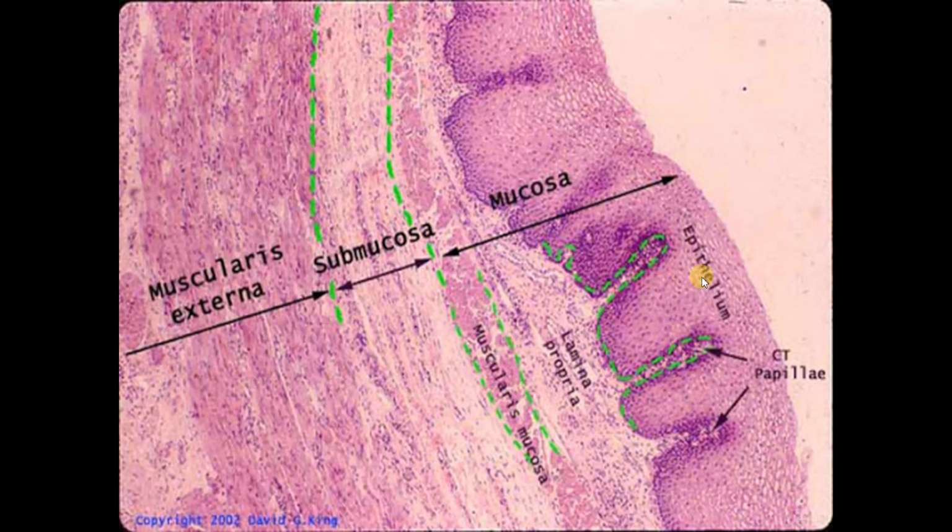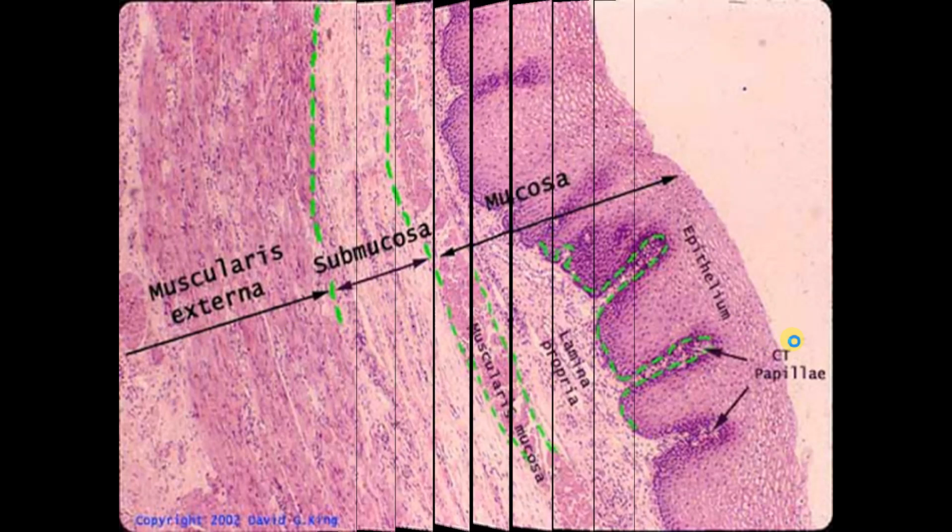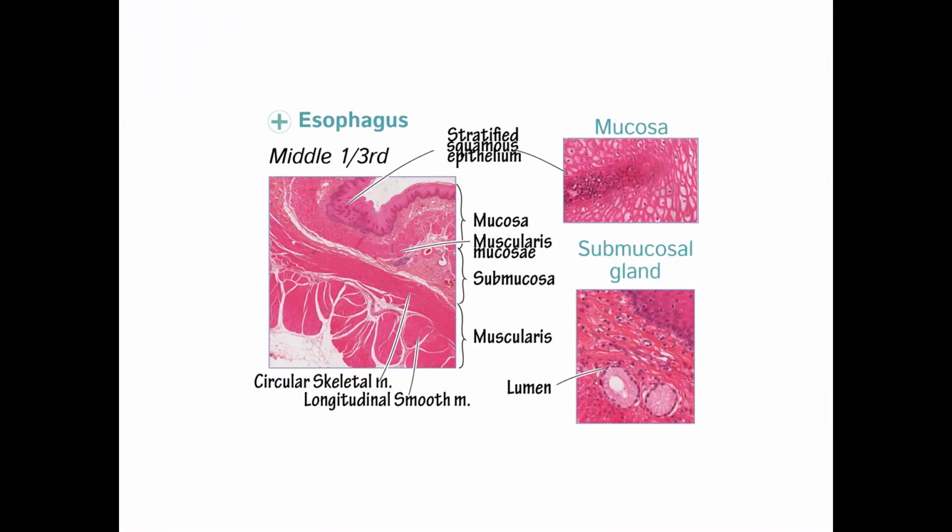Epithelia اللي هي عبارة عن non-keratinized stratified squamous epithelia، والlamina propria loose connective tissue، muscularis mucosa single layer smooth muscle، submucosa dense connective tissue with the gland، والmuscularis externa. Three slides from the esophagus show the mucosa with the epithelia اللي هي stratified squamous non-keratinized epithelia، وsubmucosa with the submucosal gland اللي هو esophageal proper gland.